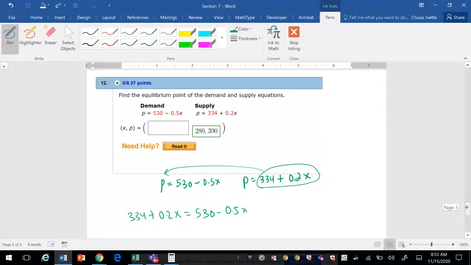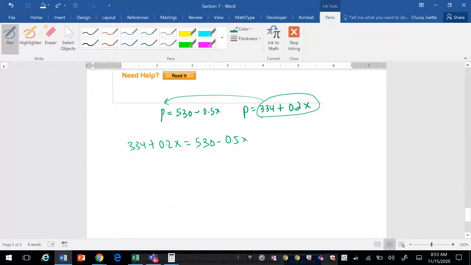So I can solve for x. I'm going to add 0.5x and subtract 334.